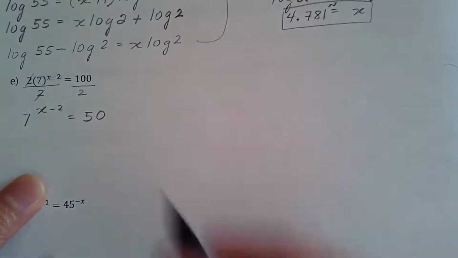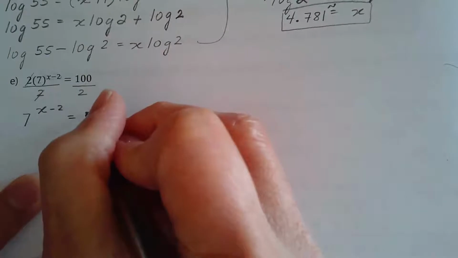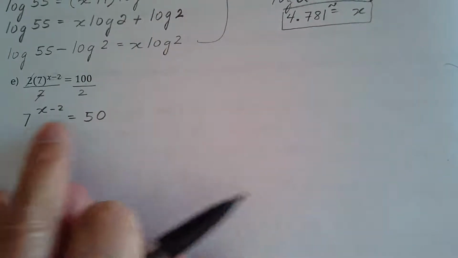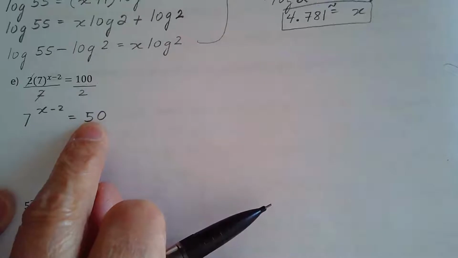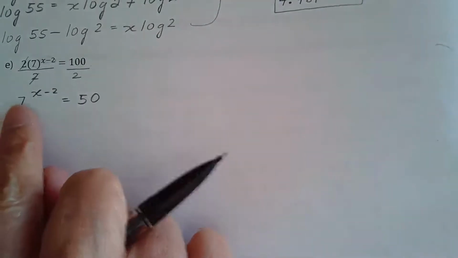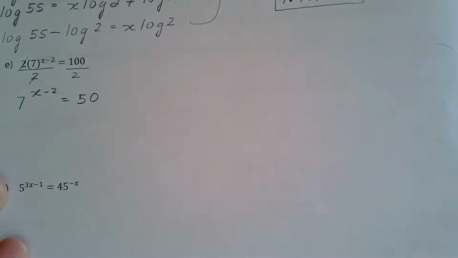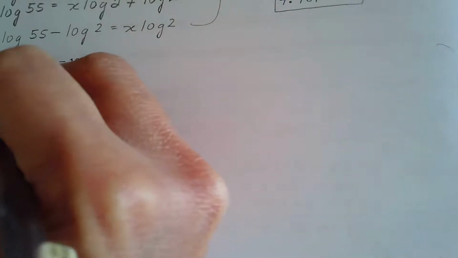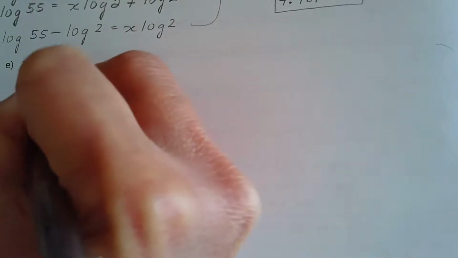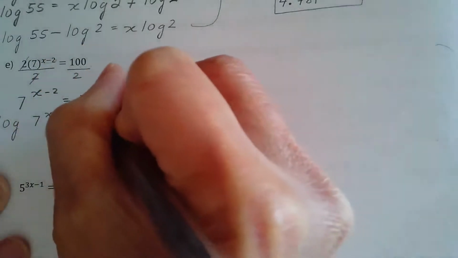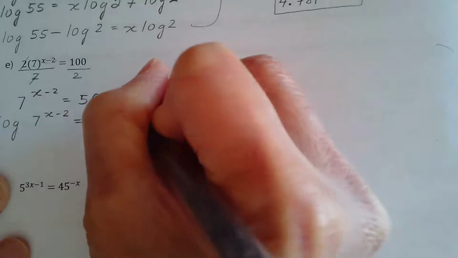Looking at that one, still 7 and 50, we can't write them using the same exponent. So in this particular case, we would have to take the logarithm of each side of the equation. So we're going to go logarithm of 7 to the exponent x minus 2 equals logarithm of 50.